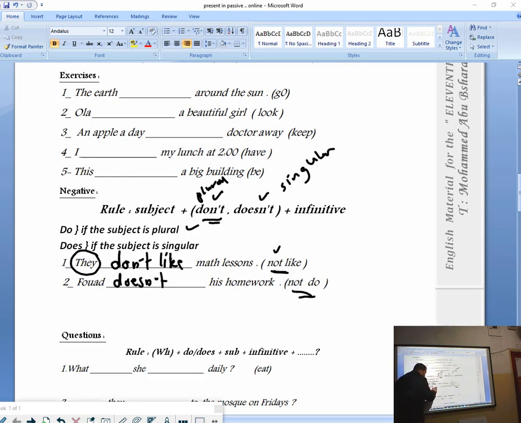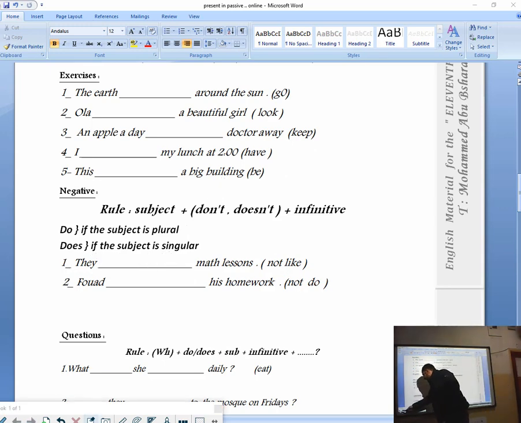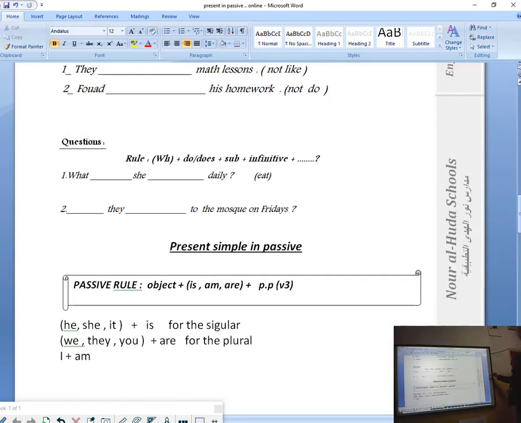Fuad doesn't do his homework. So this is the negative. Now I'm going to move to the next rule for the present simple, questions. How can I make a question using the present simple?